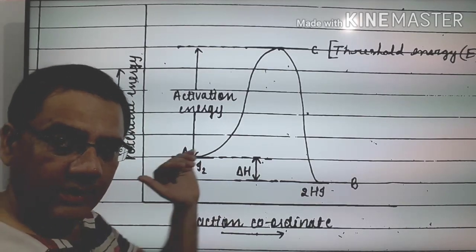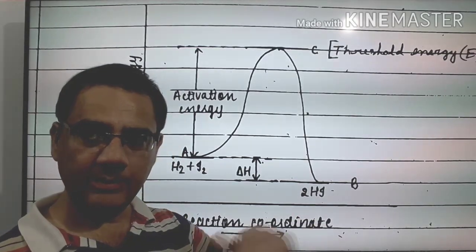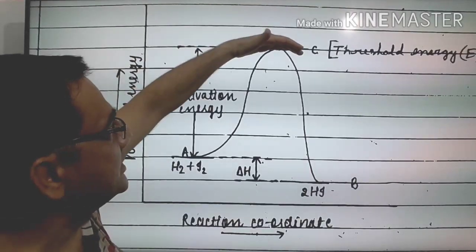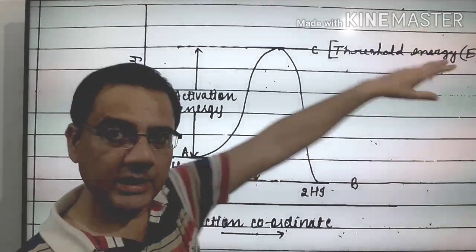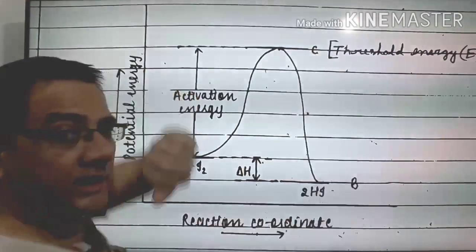ठीक? For the reaction to happen, these molecules should have the minimum energy required, and that minimum energy required is called threshold energy. If the energy of these molecules reaches this level, then only they can react.